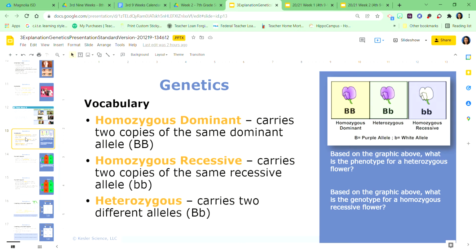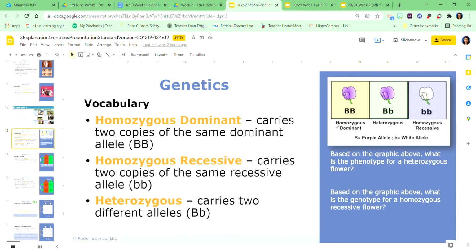All right. So a homozygous dominant carries two copies of the same dominant allele. So whenever we were doing genetics and the alleles, the big capital letter is going to be a dominant allele. And if they're lowercase, they're going to be recessive. So you have three options.